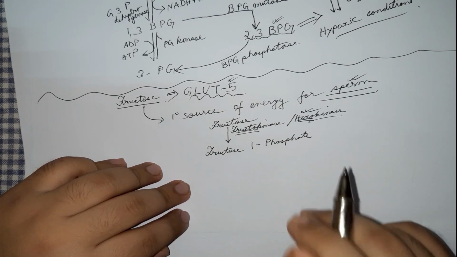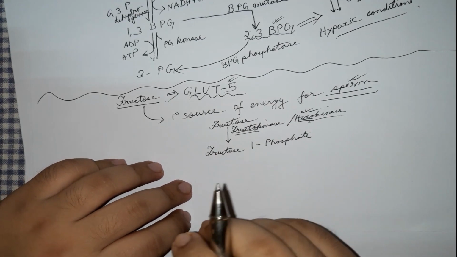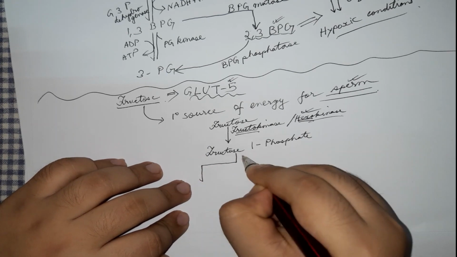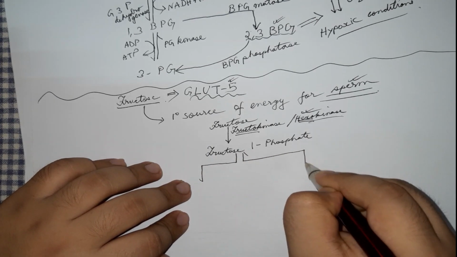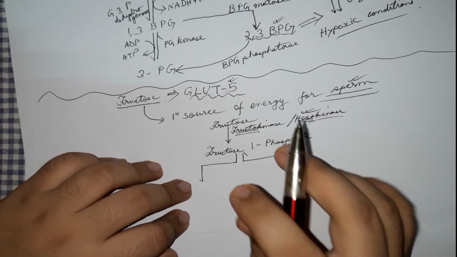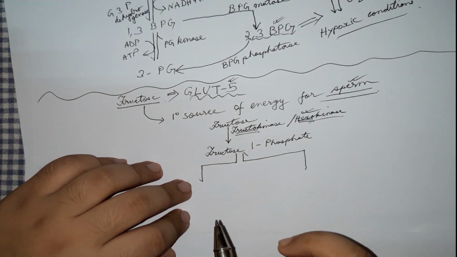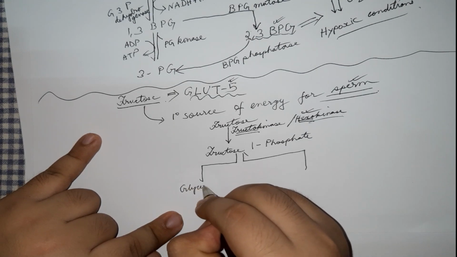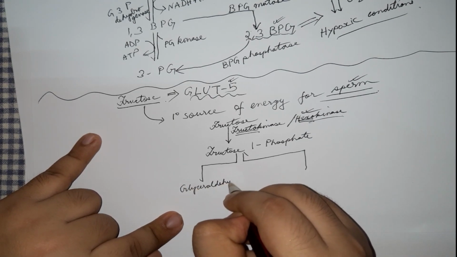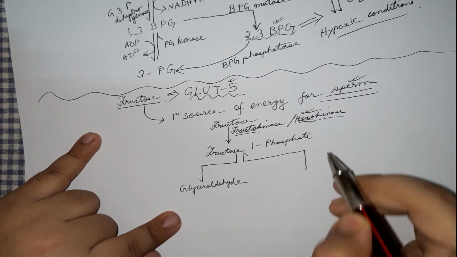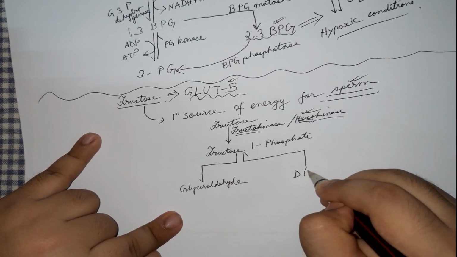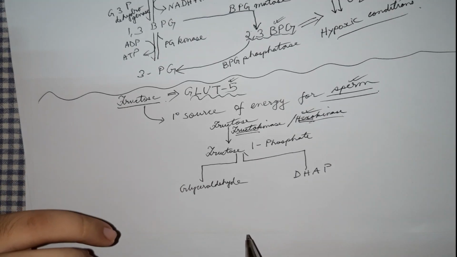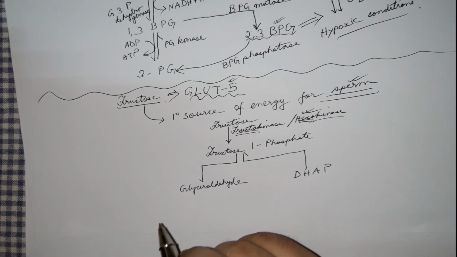So fructose 1-phosphate is formed here. Now this is where the interesting stuff occurs. This fructose 1-phosphate will be directly split into glyceraldehyde only and dihydroxyacetone phosphate. Now listen to me very carefully.